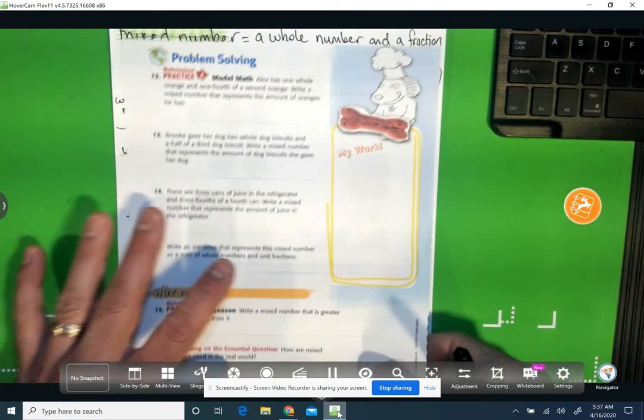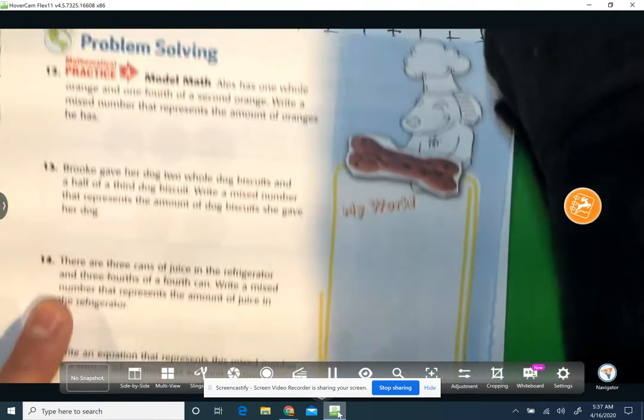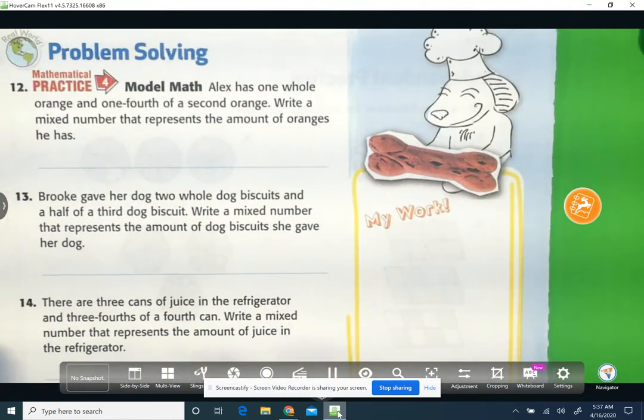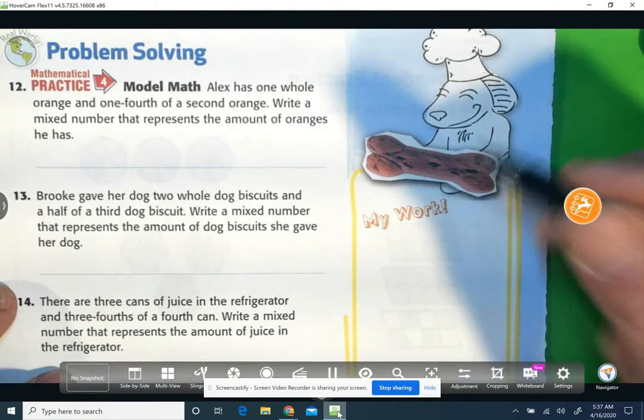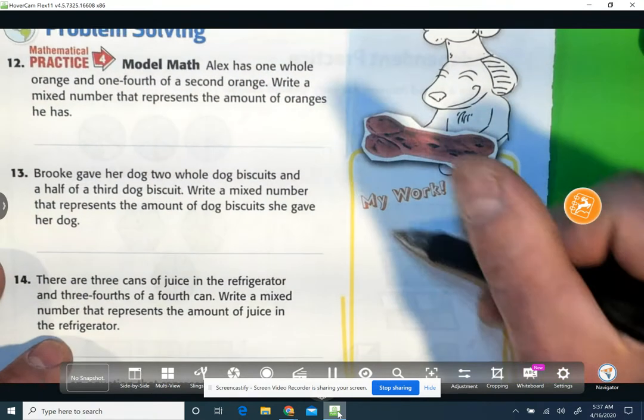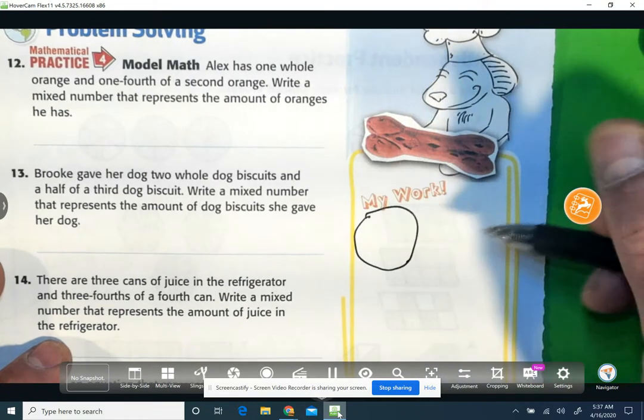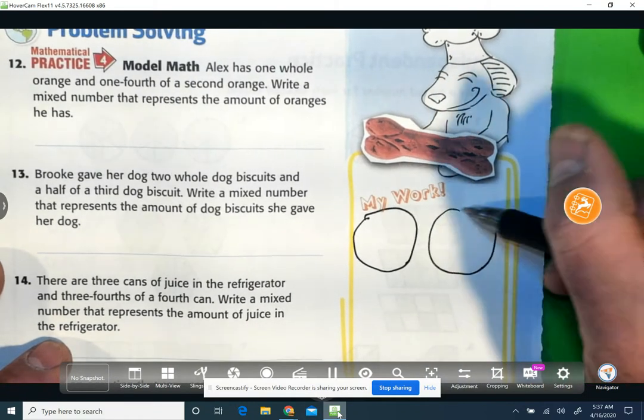We are going to look at word problem number 12. We have a young man, his name is Alex. He has 1 whole orange and 1/4 of a second orange. Write a mixed number that represents the amount of oranges that he has. So he's got an orange, right? And then he's got another orange.